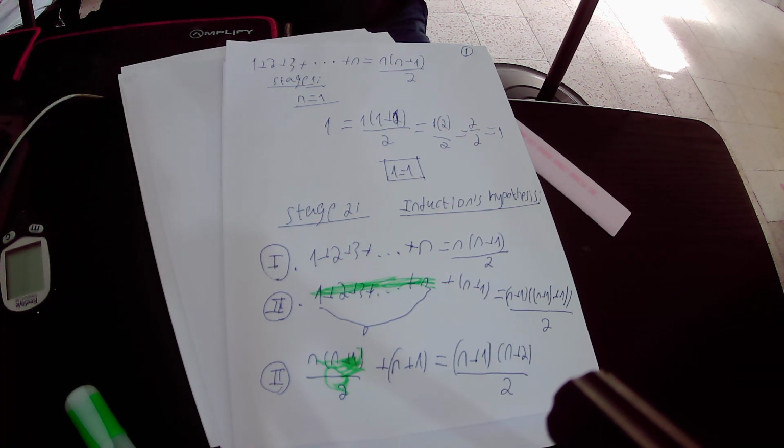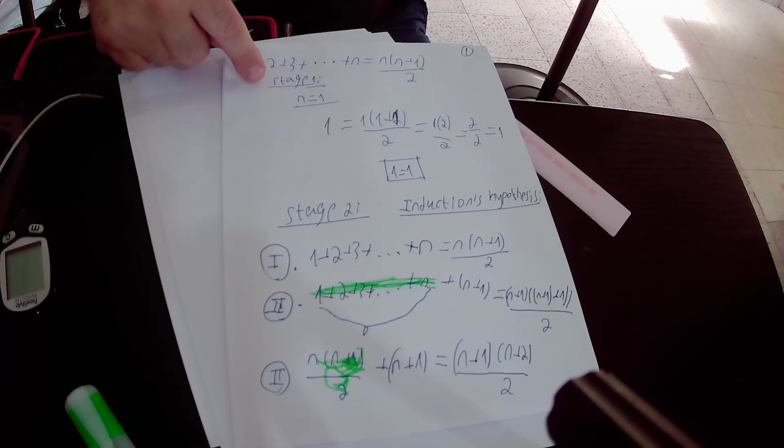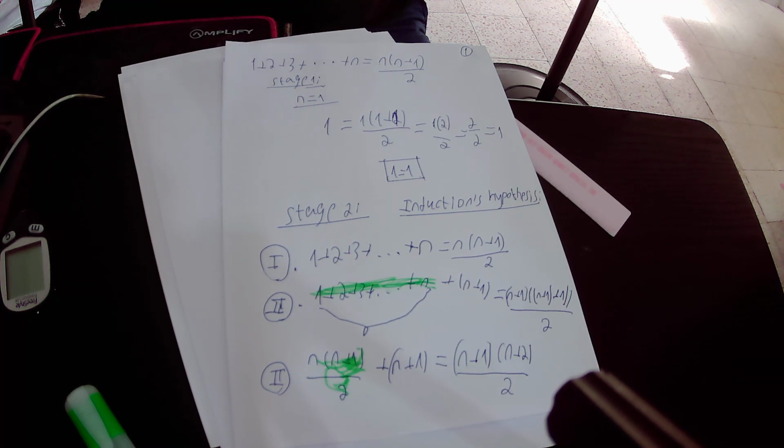And because it is true for 4, it must be true for 5, and because it is true for 5, it must be true for 6. So we always repeat the same process, and in this way we proved that this statement or claim or equation is true for all the natural numbers.